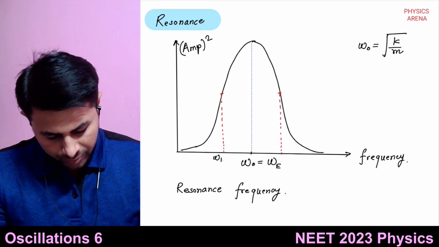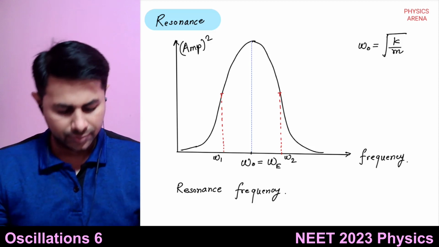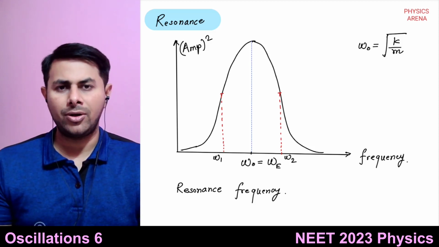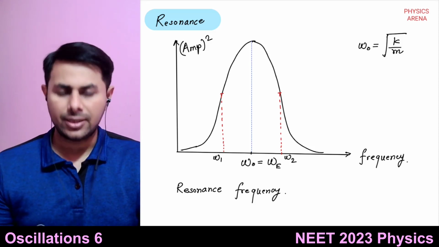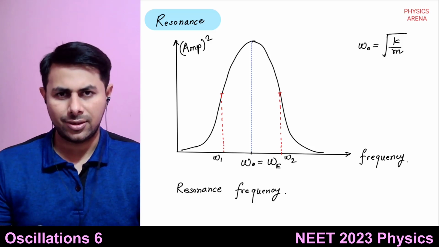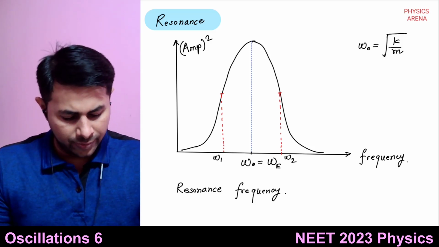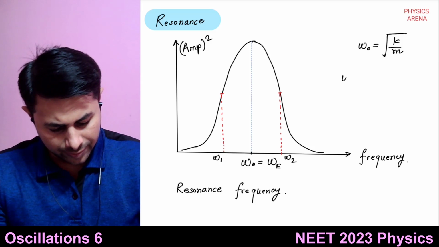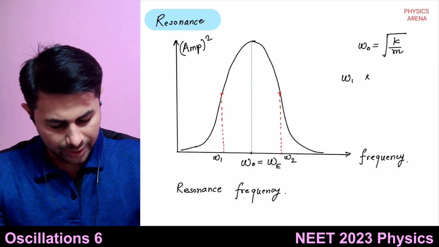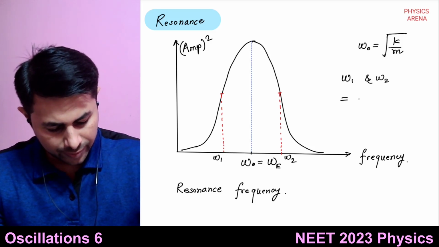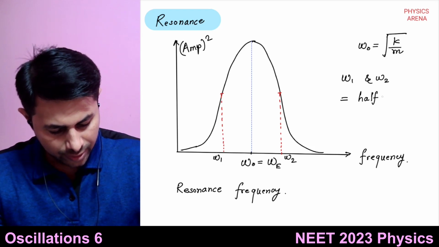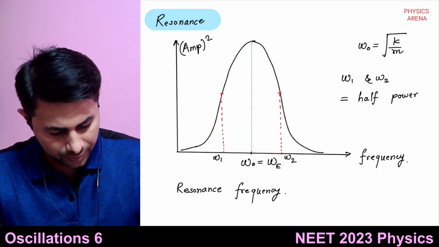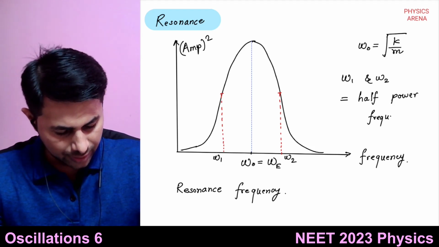So let's call them omega 1 and omega 2. These are known as half power frequencies. So omega 1 and omega 2 are known as what? Half power frequencies.